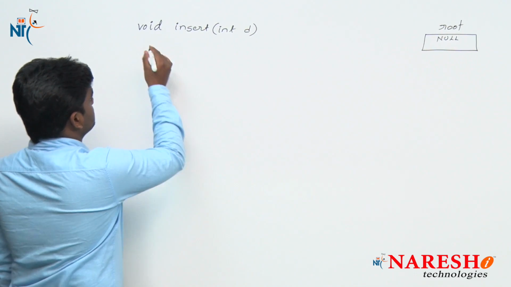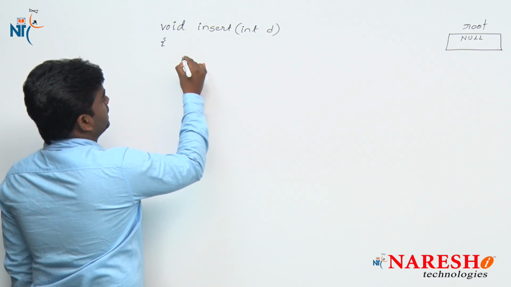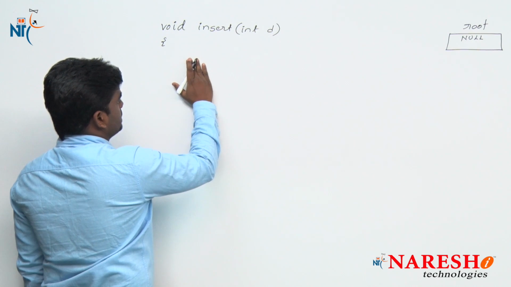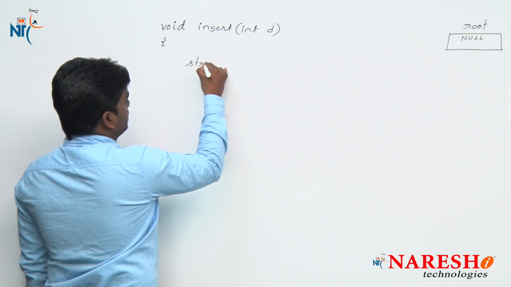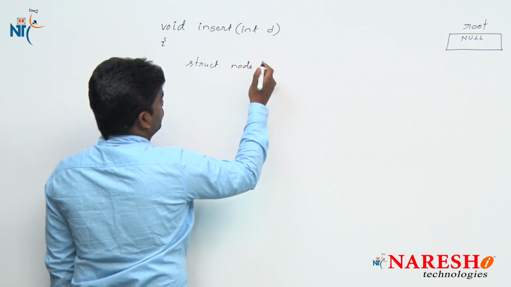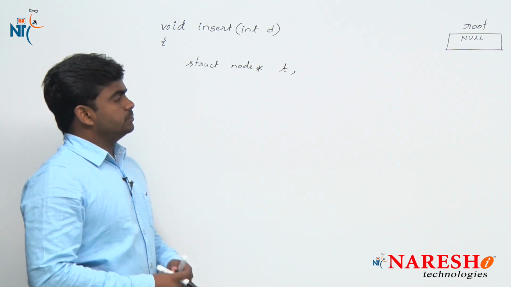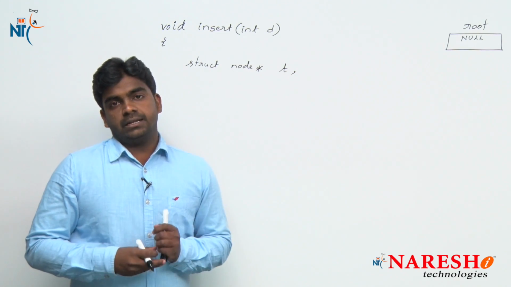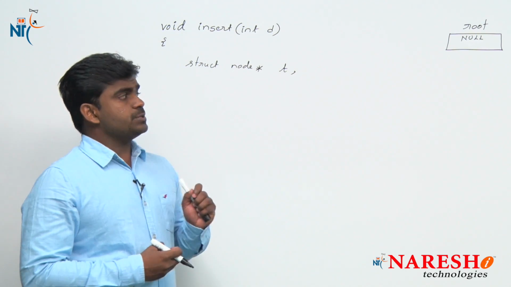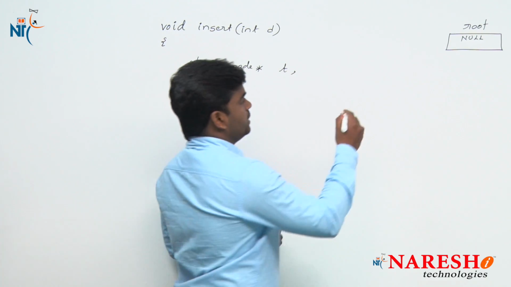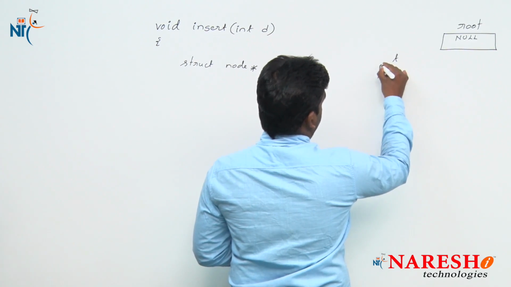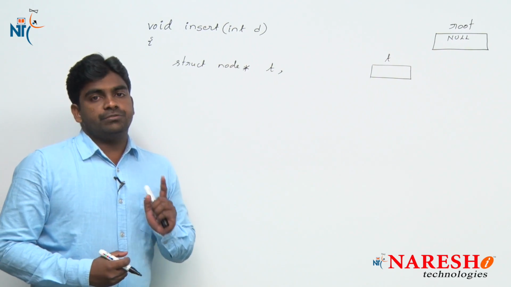Next, in insert we create one node using a temporary variable: struct node star t is a temporary node. t gets memory allocation somewhere. Now we need to create the node first.